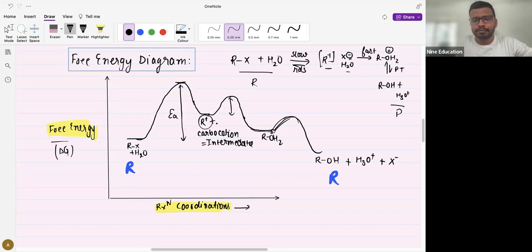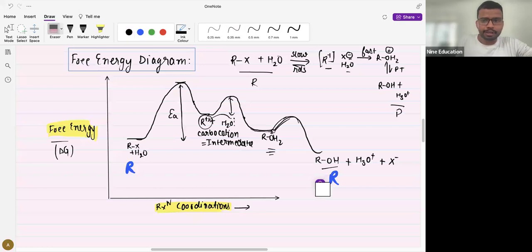ये वाले steps, once this carbocation is made, this carbocation पे H2O will go and attack, this nucleophile, solvent nucleophile will go and attack to make ROH2 positive. This is also one of an intermediate, oxygen intermediate. और यहाँ पर again, this reaction will be our proton transfer reaction, and we will get our alcohols as product.